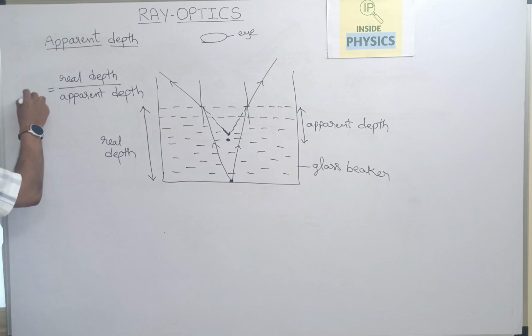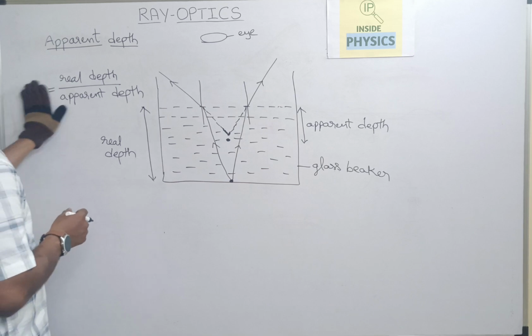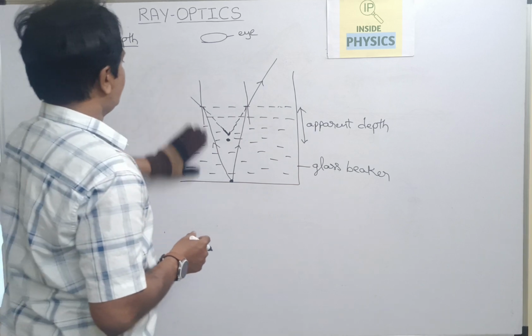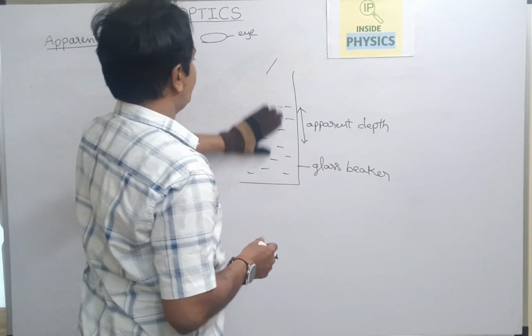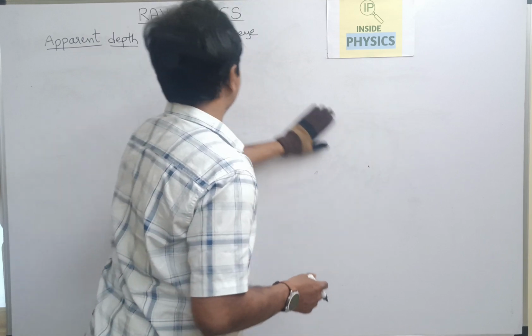So this is the refractive index of the medium. This is how we see daily observations, and we can understand the concept of refraction. Now we see one more example and we will conclude this session of refraction.